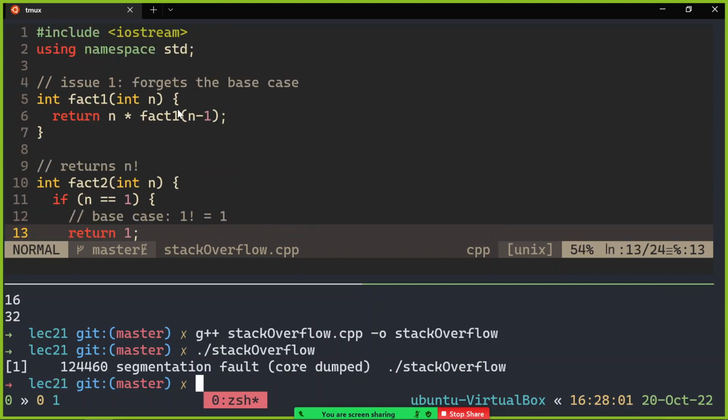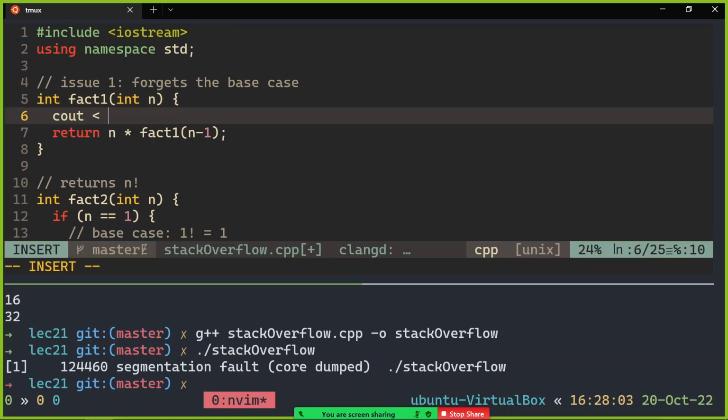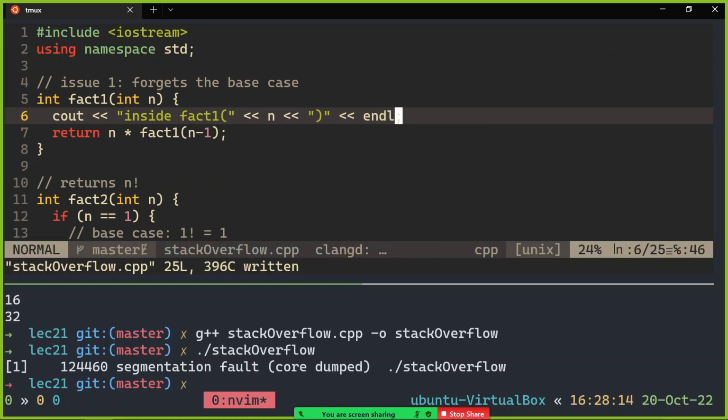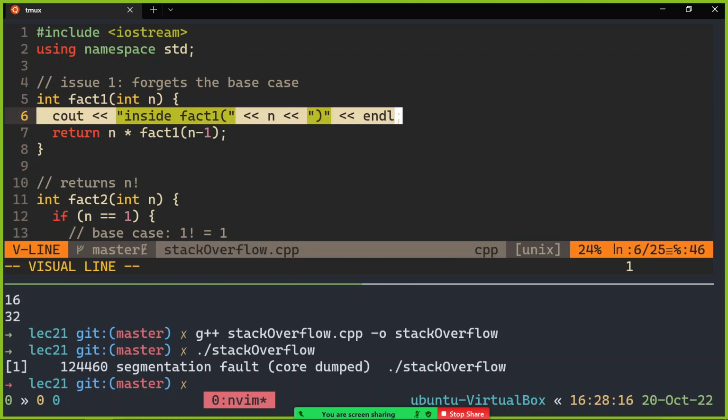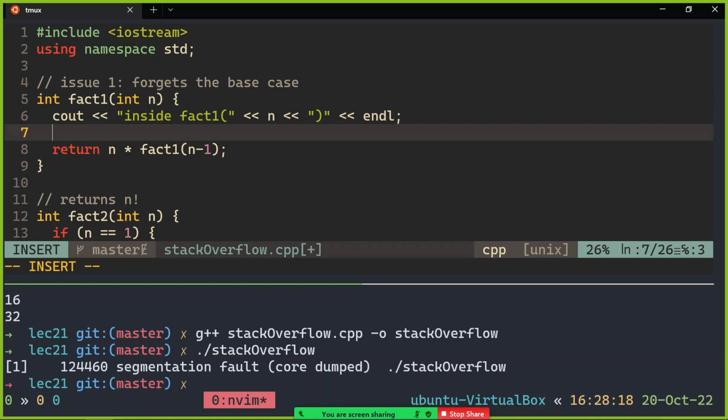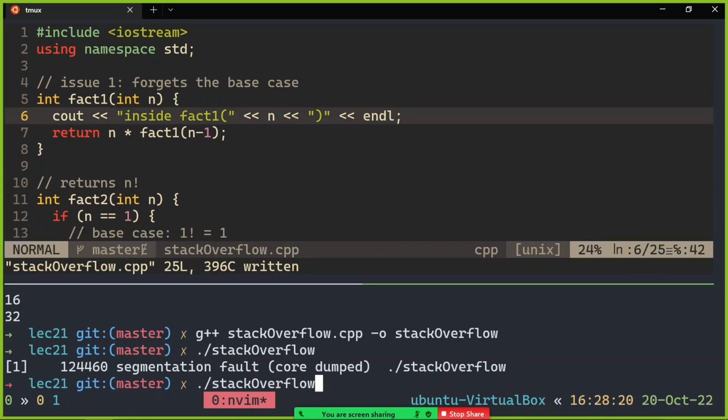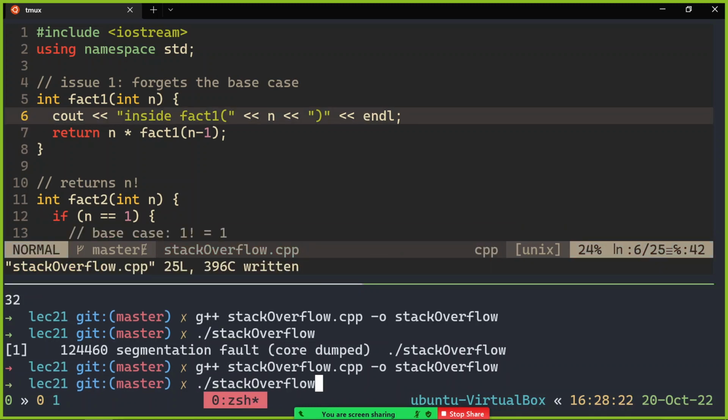And if that's not clear, here I can print out inside fact 1 of n. So every time I call fact 1 recursively, I'll be printing this out as well. Whee!